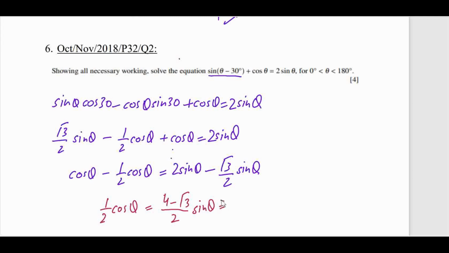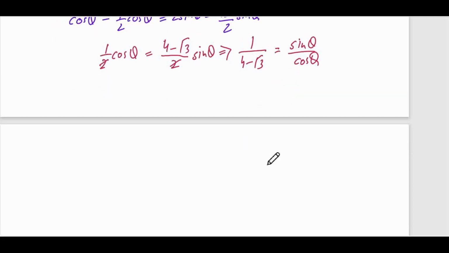Now if we simply rearrange it, in fact we can directly cancel out these two, 2 and 2, and this will be equal to 1 over 4 minus square root of 3 is equal to sine theta by cos theta. Now we know that this is tan theta.